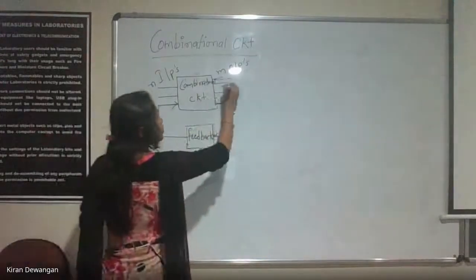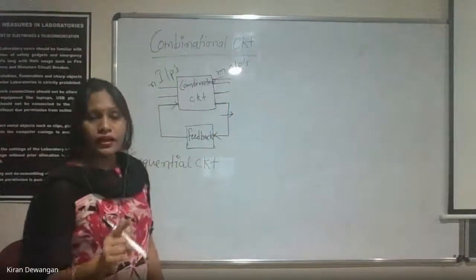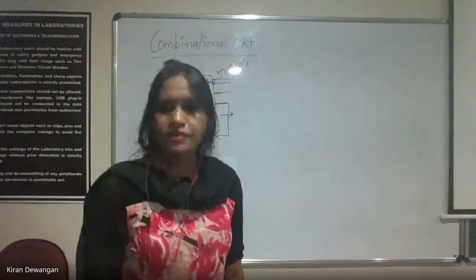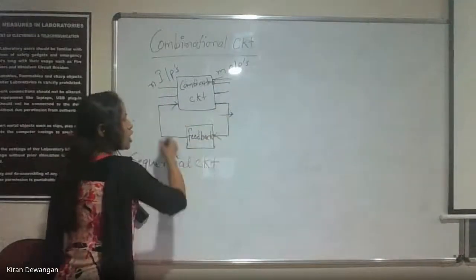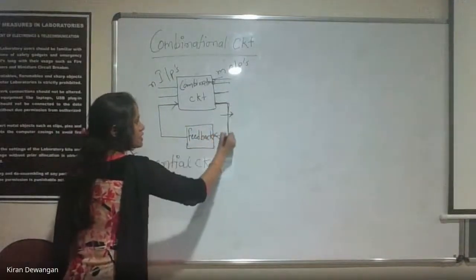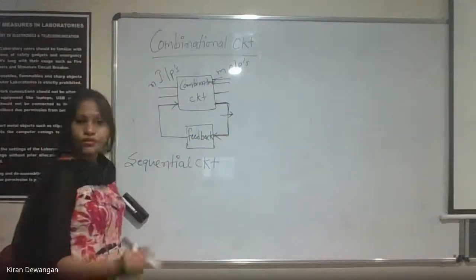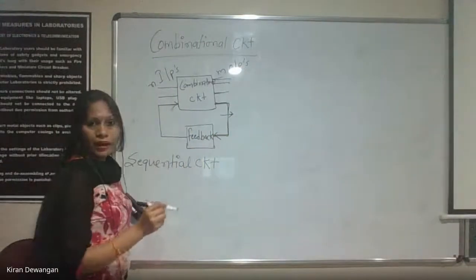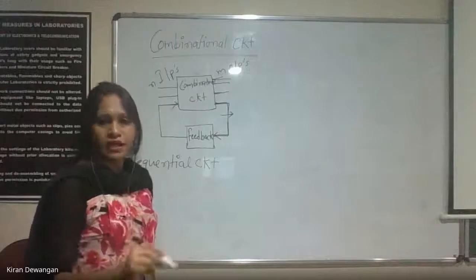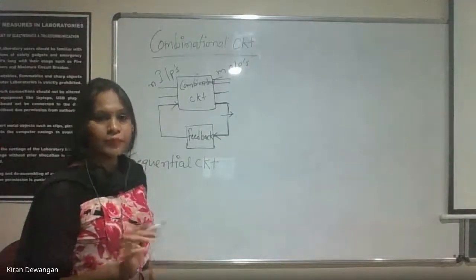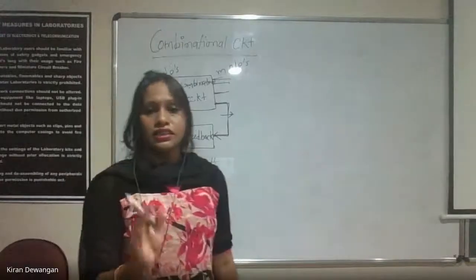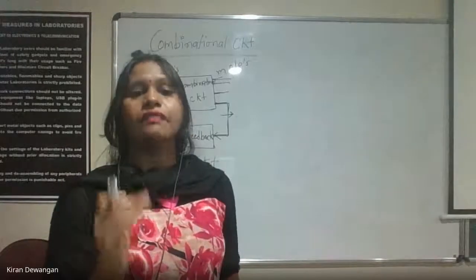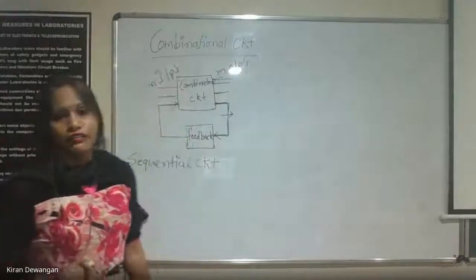The output is not only depending on the present input, it is also depending on the previous output, because it is again fed back to the same circuit. Is that becoming clear? This is what a sequential circuit is. This is how the combinational and the sequential are defined.